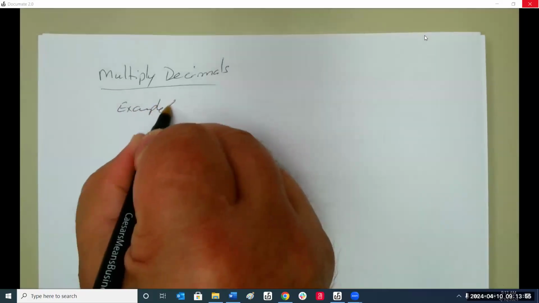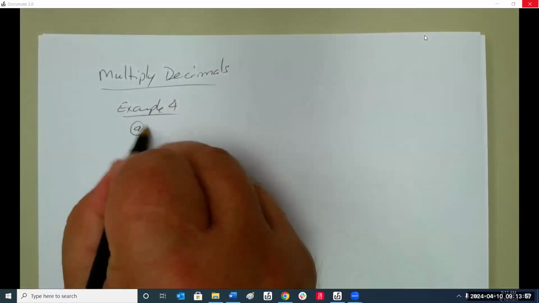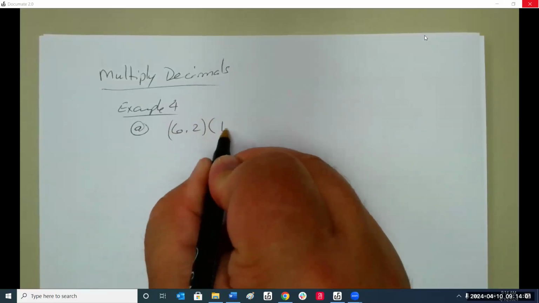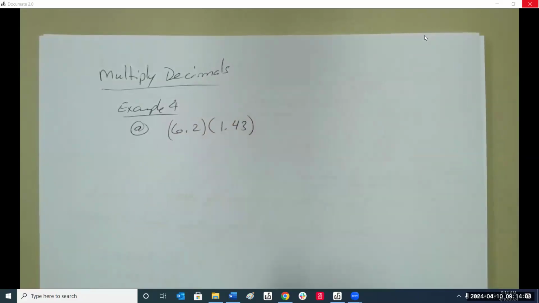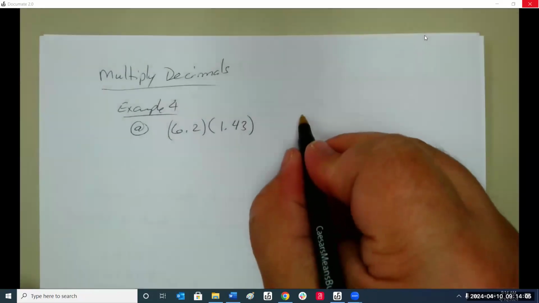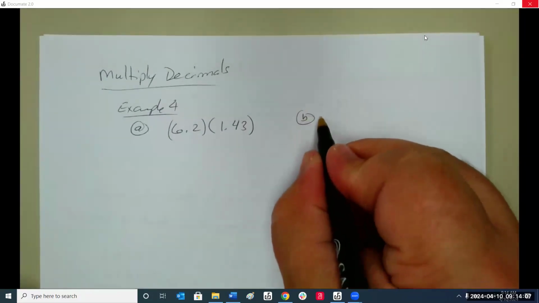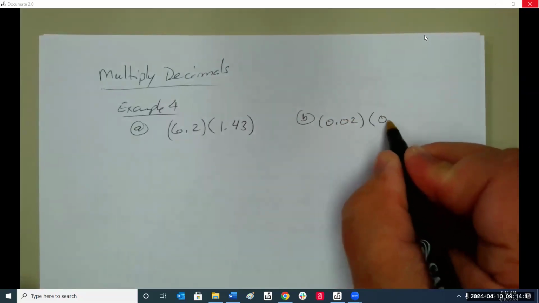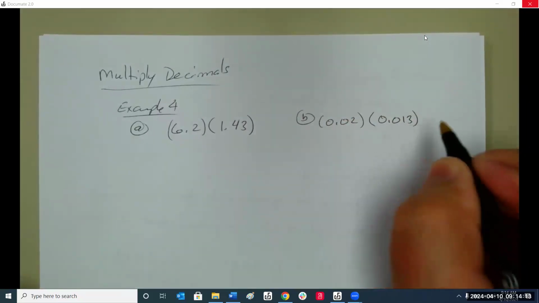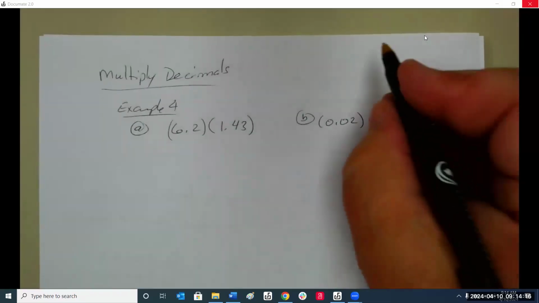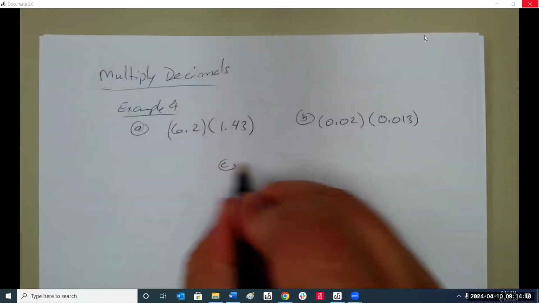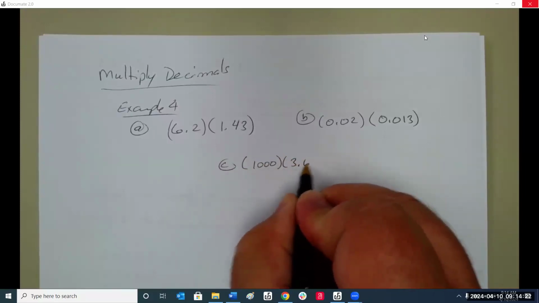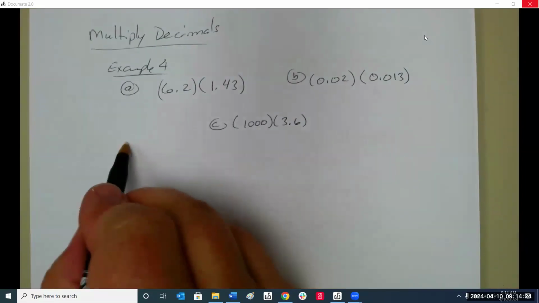Or example 4, I mean. 6.2 times 1.43. 0.02, 0.013. And then C will give us 1,000 times 3.6. That's an easy one.